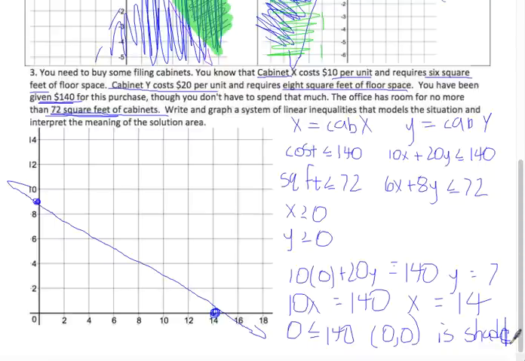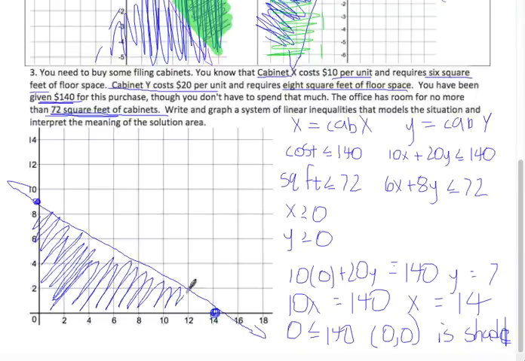So we shade this part. And that was our money constraint.